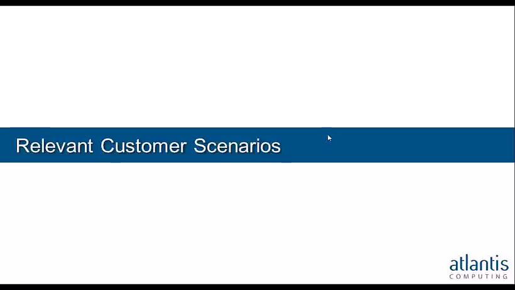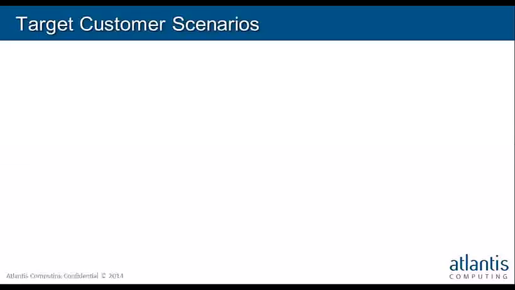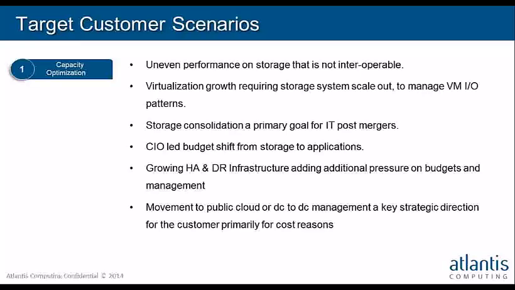So with that demo and the overview of the UI, I wanted to run through some of the relevant customer scenarios that may resonate with you and your customers. There are two layers, two buckets in which we are looking at the target customer scenarios.